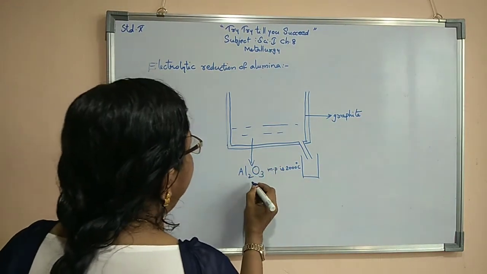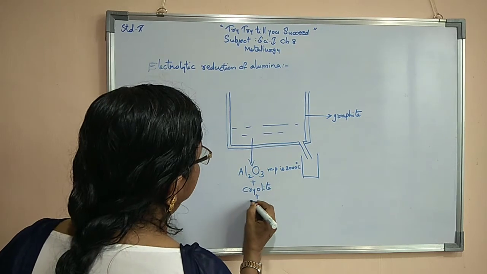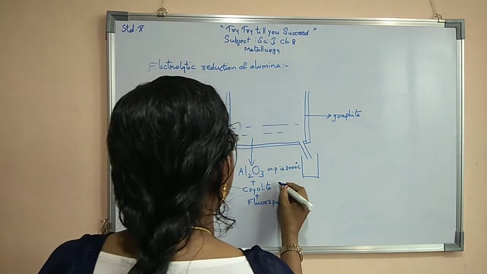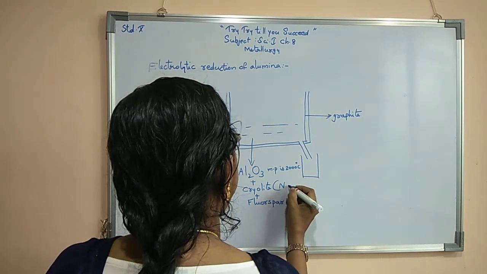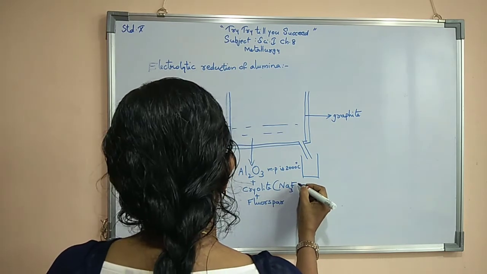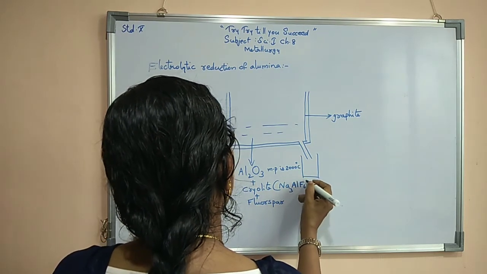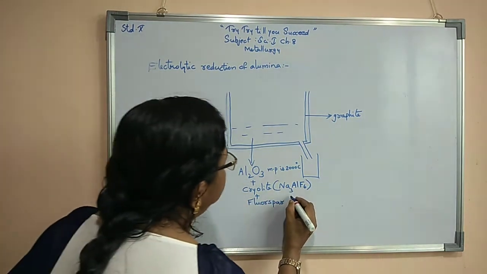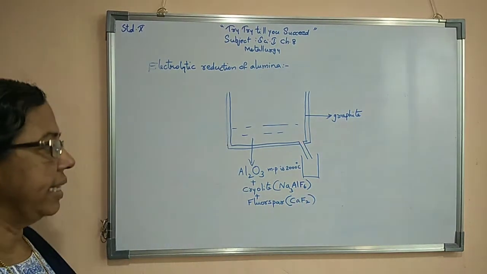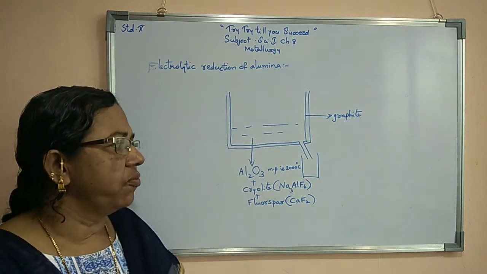But when we add cryolite as well as fluorspar, F-L-U-O-R-S-P-A-R, fluorspar. Cryolite has the formula Na3AlF6. This is the formula of cryolite. Fluorspar is CaF2. So here we have taken aluminium oxide, then cryolite as well as fluorspar.